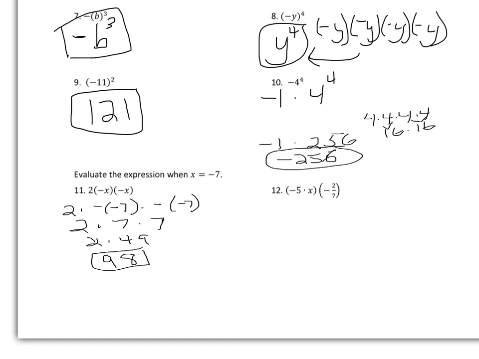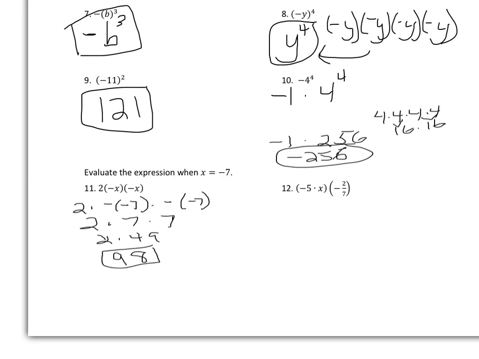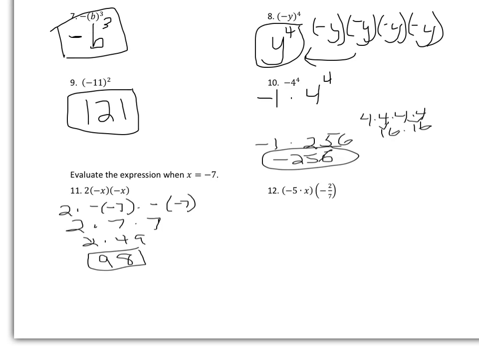All right, let's look at number 12. Okay, we got -5 times x in parentheses times a -2/7. Well, I could look at this right off and say, well, I've got an even number of negative signs, my answer is going to be positive. And remember, multiplication is commutative, so I could almost switch this around and think of it as a -5 times a -2/7 times x.